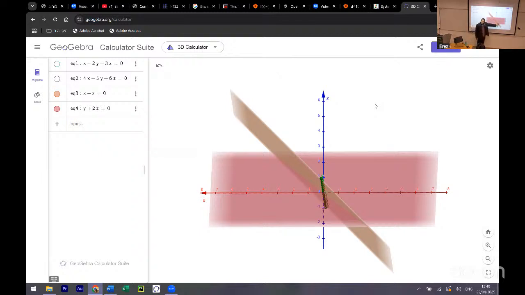What will happen if I bring back the other two planes? It will be exactly the same intersection. That's the idea. The elimination process did change the question. The first question was the intersection of these two planes. After the elimination process, it is the intersection of these two planes. But I promised you as a theorem that the set of solutions, meaning the intersection, must remain the same.